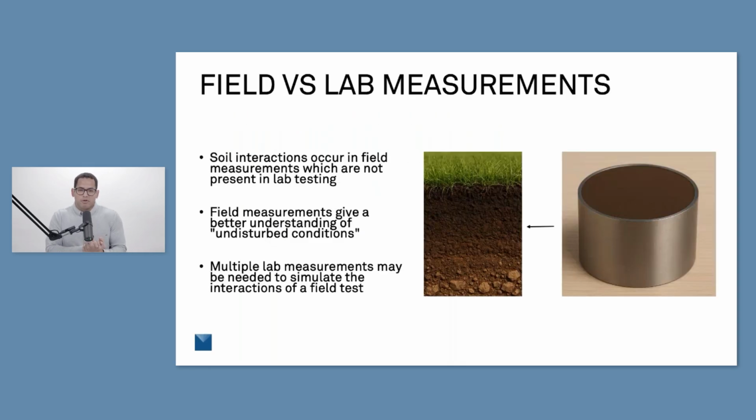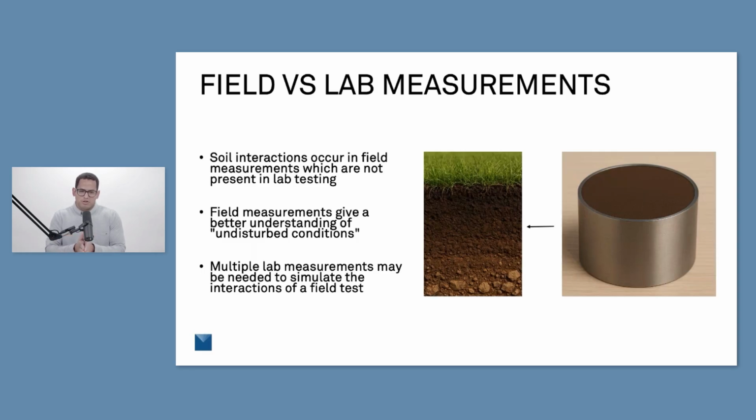Some other things that we want to think about, some other fundamentals for making these measurements to try and do some linkage between dynamic soil properties and management is, one, the differences between field and lab measurements. So when we're doing measurements in the field, typically we're looking at the entire interaction throughout that profile, which often is not present when we're taking samples back to the lab, because as you can imagine here, we have a soil profile, okay?